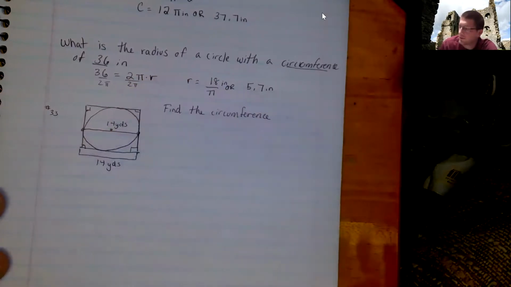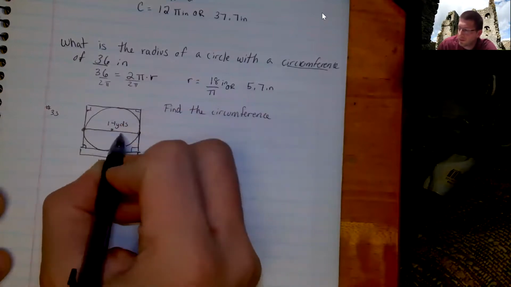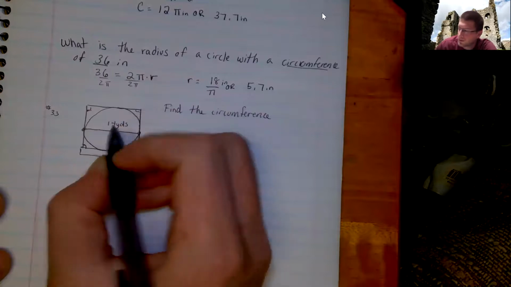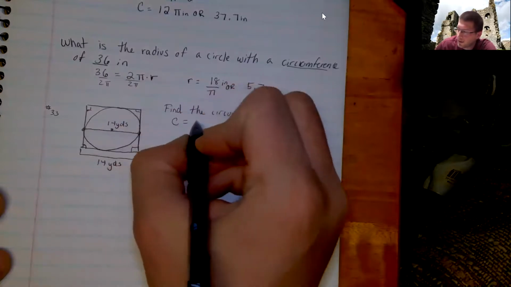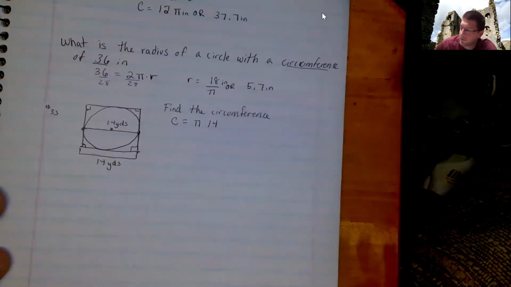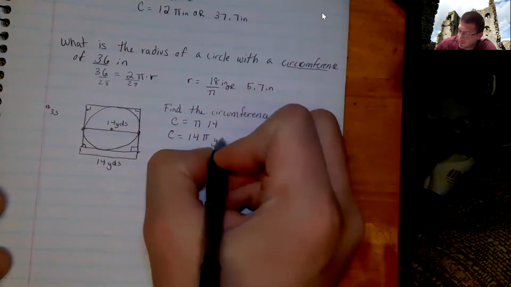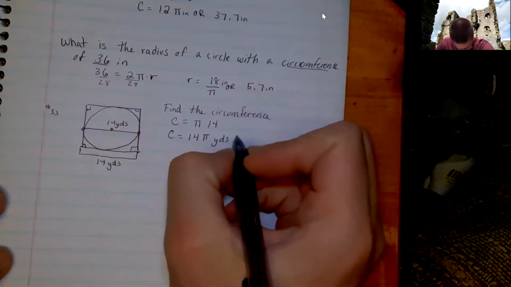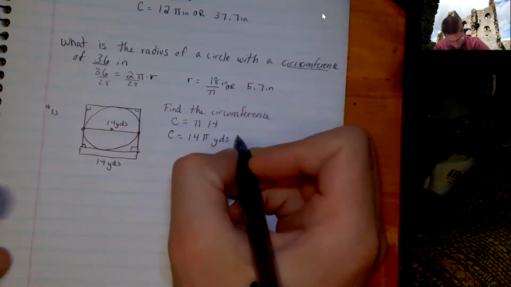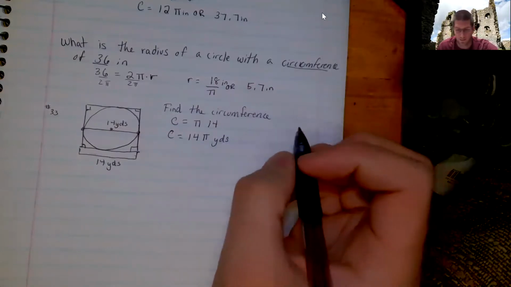And we know from our definitions, if it goes from one side of a circle through the other, through the center point, that's called a diameter. So I'm going to use my pi times diameter formula. So C is going to be 14 pi yards, and in this case it does say keep in terms of pi, so we'll just keep it 14 pi.